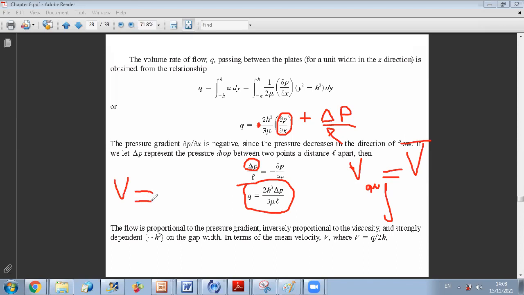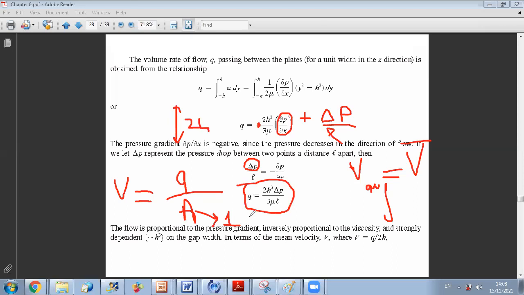Big V is defined as the flow rate over the corresponding area. And we said here the flow is defined per unit width. So A is 1, which is the width, times the height. And the height here is 2h for the case we are considering.